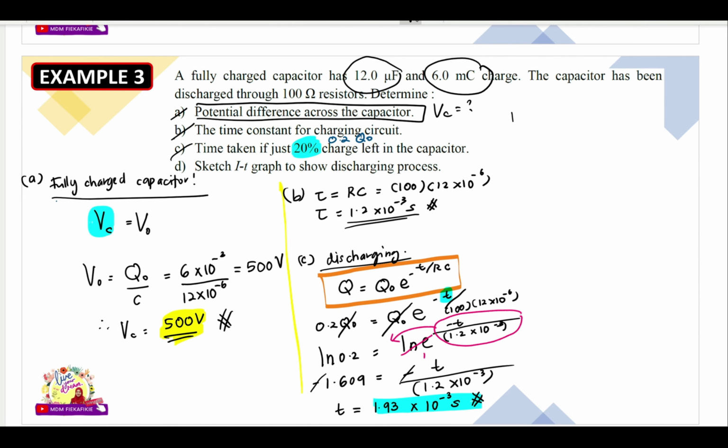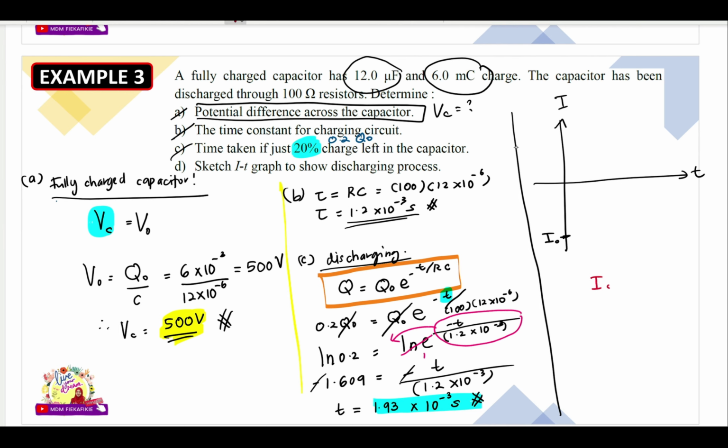And then D, okay, sketch I against t graph to show discharging process. So this is I and this is t. Alright, so kita boleh kira lah. This is actually I0. Kalau nak kira nilai I0 ni boleh je. I0 equal to V0 over R. V is equal to IR. So V0 tadi adalah 500, R dia adalah 100.